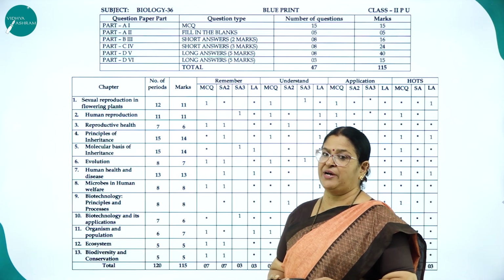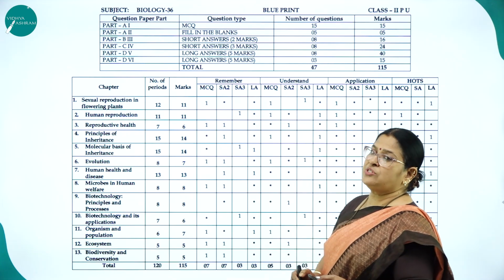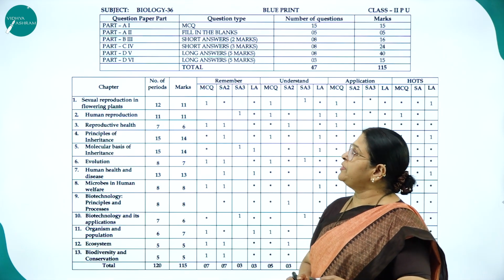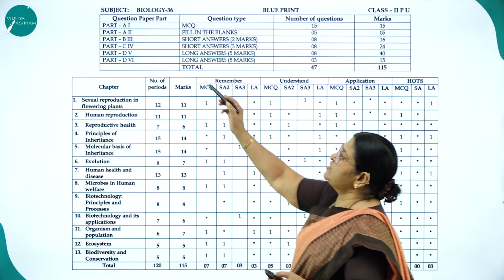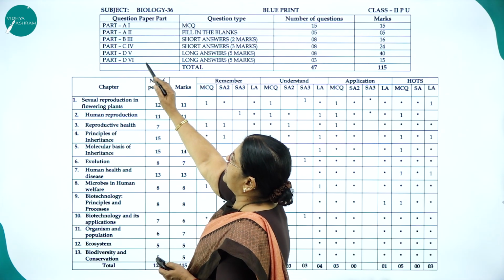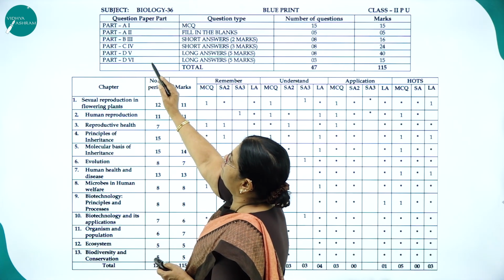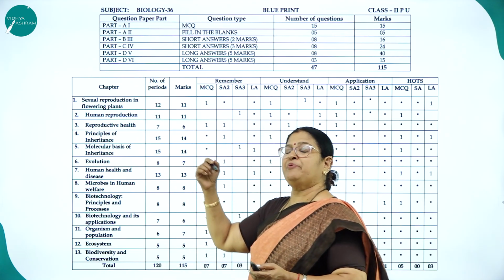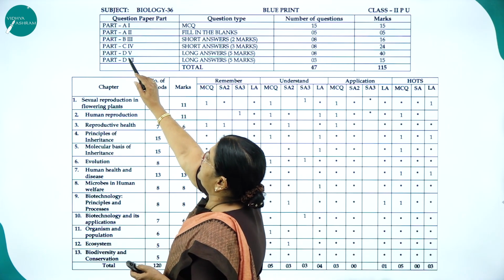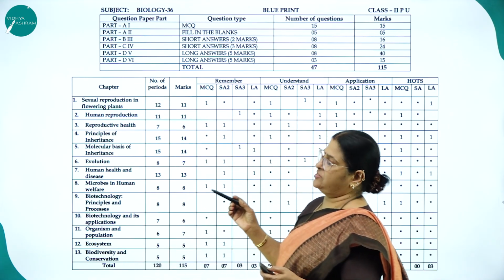This slide will give you an idea about the question paper of 2nd PUC biology. As we know, the question paper consists of Part A1, Part A2, Part B, Part C, Part D. In the previous paper, it was section 1 and section 2. Here it is Part D, 5th and 6th.